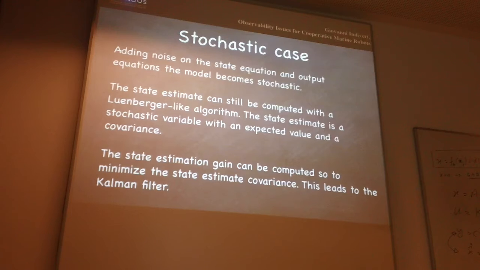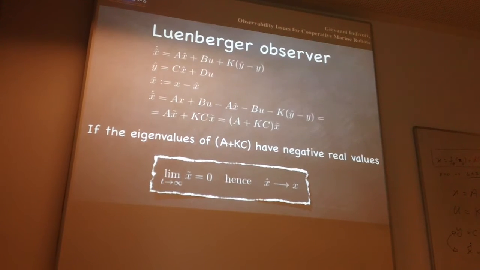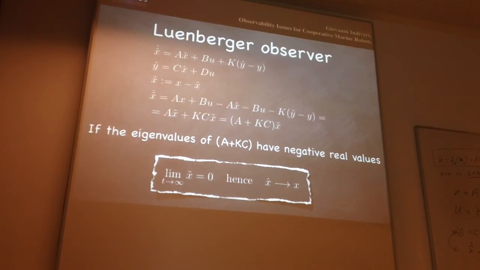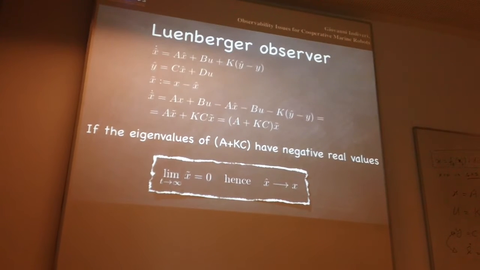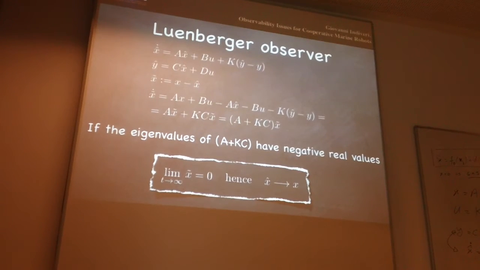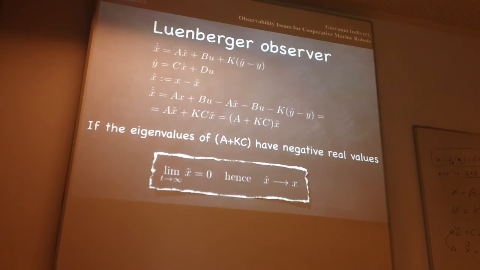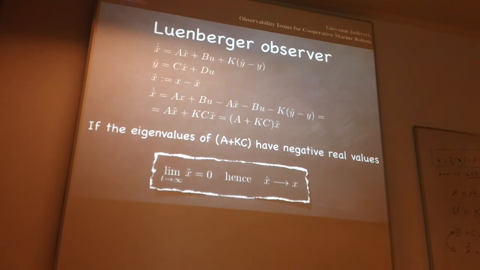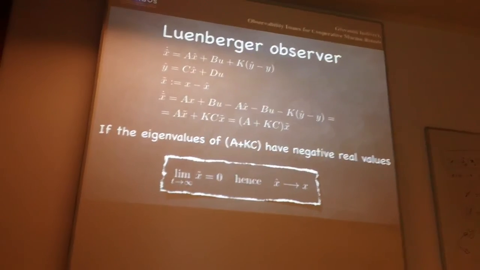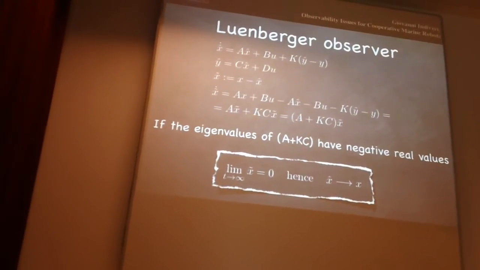Okay, in the stochastic case, now let me come back here. In all that we said today, we never talked about noise. So we took a deterministic state equation and a deterministic output equation. If you add noise, things become a little bit more complex, but the basic results and the basic ideas are the same.